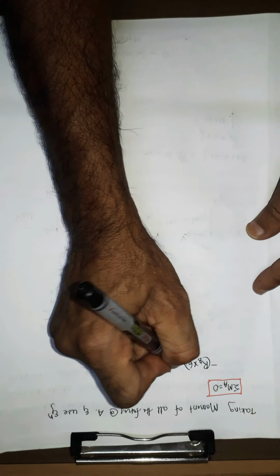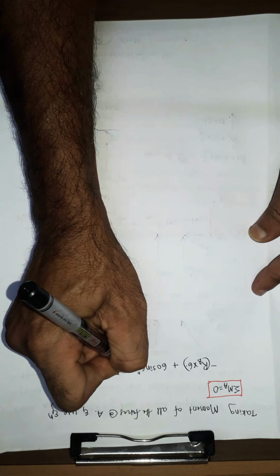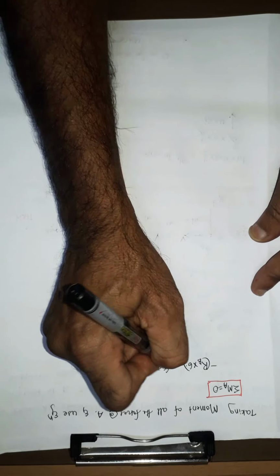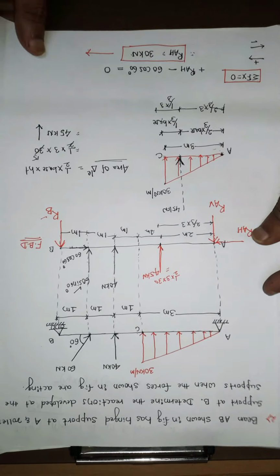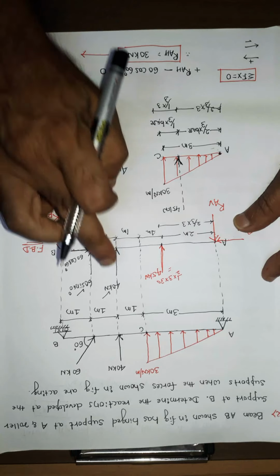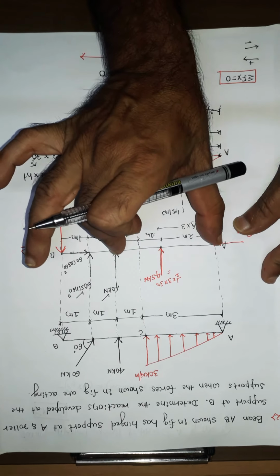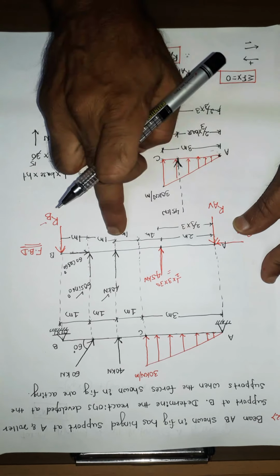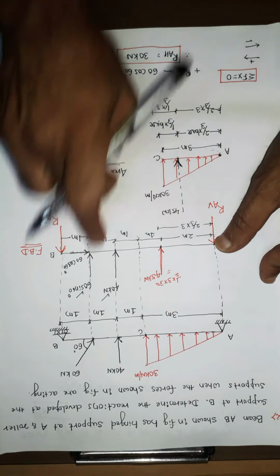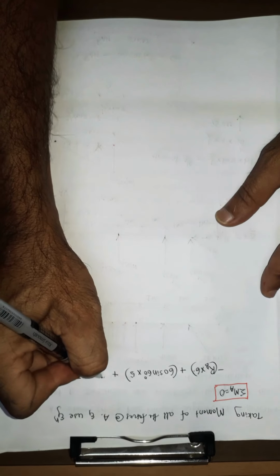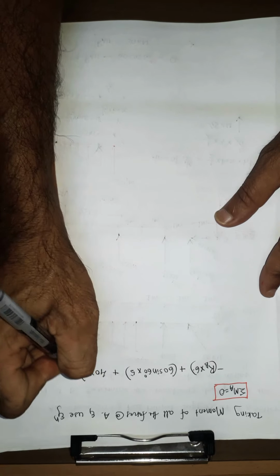Now the next force, 40 kilonewton. The perpendicular distance between this 40 and A is 4, and with reference to A, this is also producing clockwise. So this is plus 40 into 4.